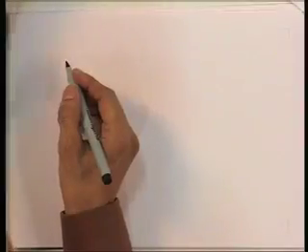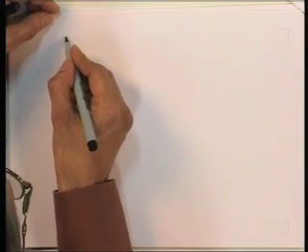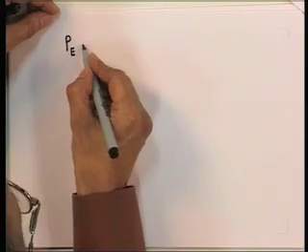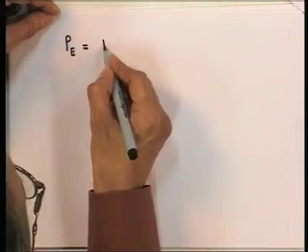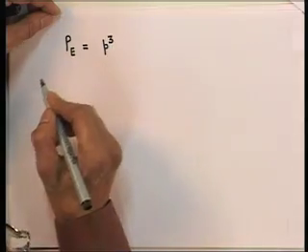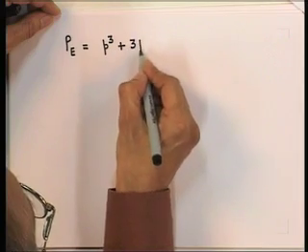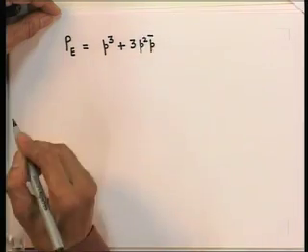In any event, such a decision rule leads to a probability of interpreting the message in error given by Pe equal to the sum of the probability of 3 bit errors, that is p cubed, plus 2 bit errors, that is 3 p squared p bar.